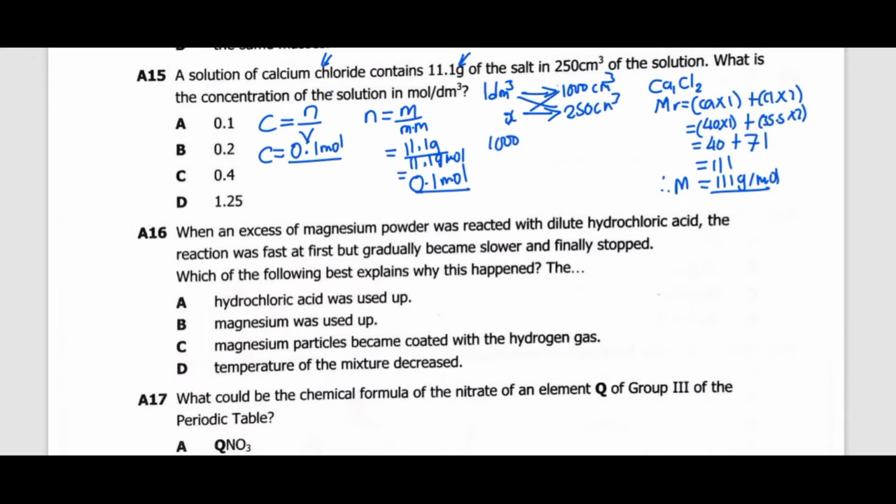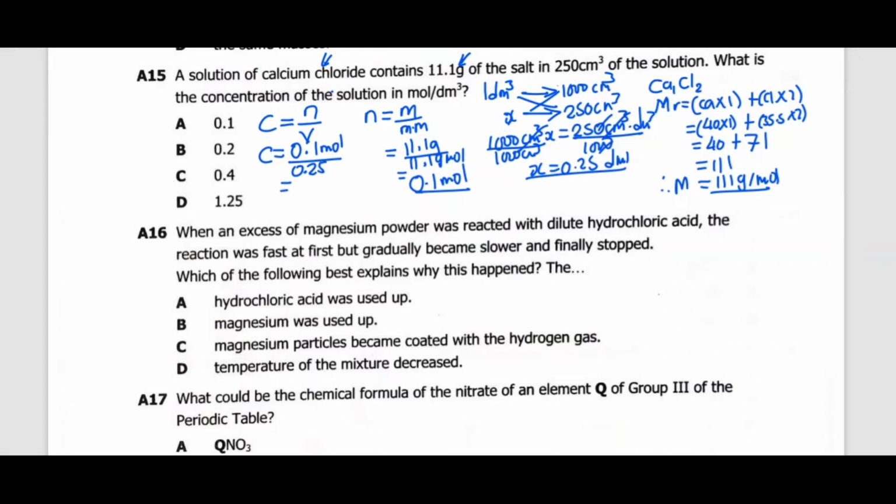This will give us 1000 cubic centimeters times x. Then here we have 250 cubic centimeters, then we divide by 1000 on both sides. If you do the cancelling, we'll get 0.25 cubic decimeter. So we are dividing by 0.25.